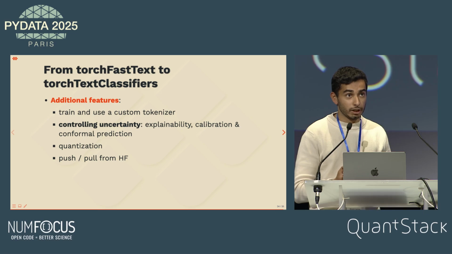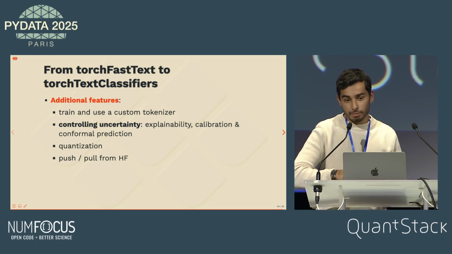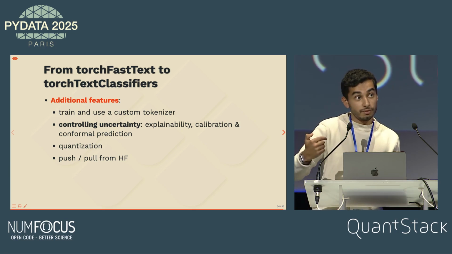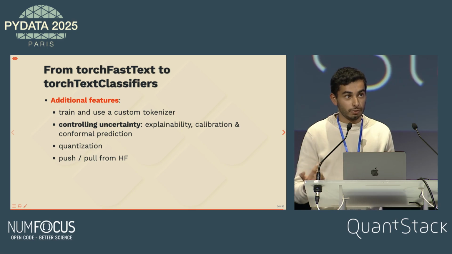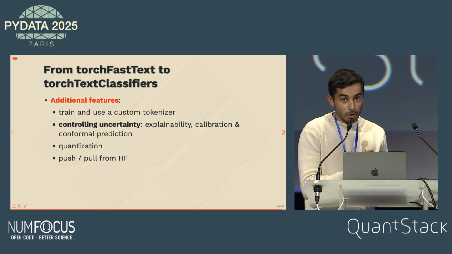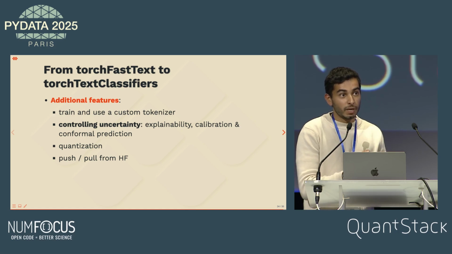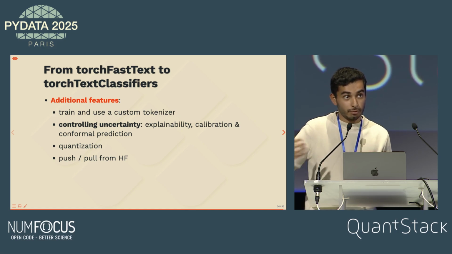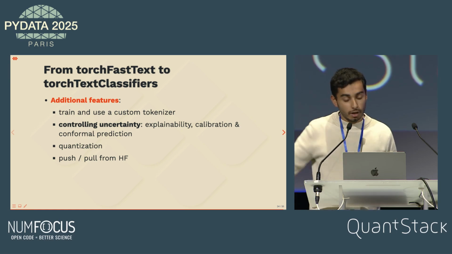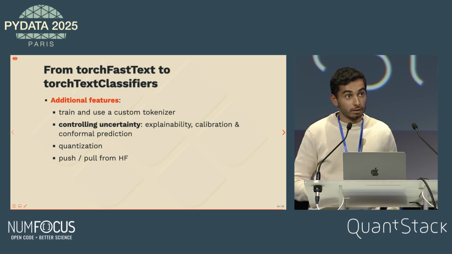Also push-pull from HF. So basically, if you have the same parameterization as a model on HF, using a raw PyTorch model, you should also be able to retrieve the weights from Hugging Face if you want to. So the idea is that torchTextClassifiers offers small models, but once you have parameterized it to be big enough, you can retrieve the weights from Hugging Face if they are available on another trained model on Hugging Face.